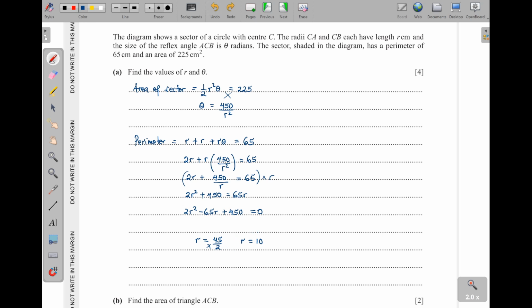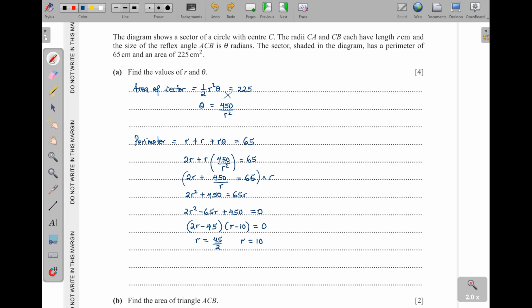When I cross multiply here, I will get 2R, then bring the 45, it becomes a minus, so 2R minus 45. And then bring this 10 here, it will become a minus, so we shall have R minus 10 is equal to 0. By doing this, you have already cheated the examiner, because they need this part here, an attempt to solve the quadratic equation.